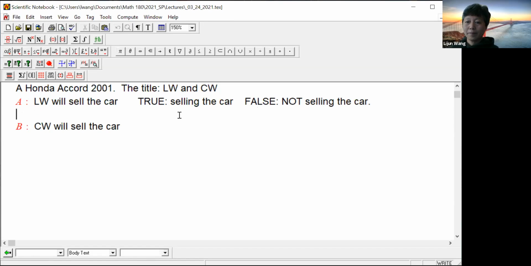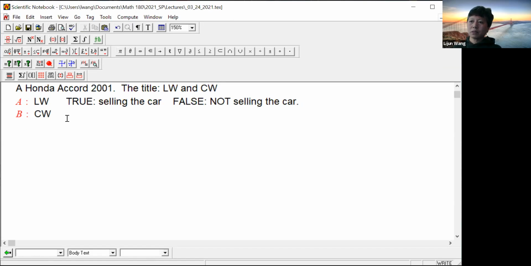We're making statements. This is simpler. So if I say statement A is true, that means I want to sell the car. If statement A is false, that means I don't want to sell the car. Does that make sense? Does everybody understand the scenario?